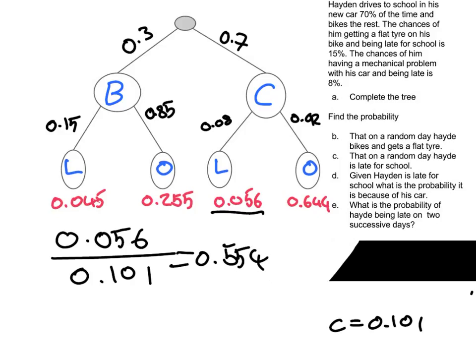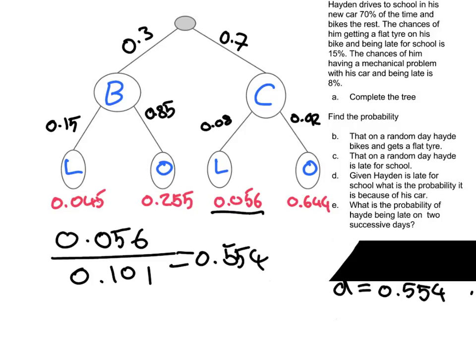So our answer to D now, and I'll rub out C because we don't need that anymore. So our answer to D is 0.554. I need to make it clear why we did that. So given that Hayden is late for school, we need to know the probability he's going to be late for school. What is the probability it's because of his car?